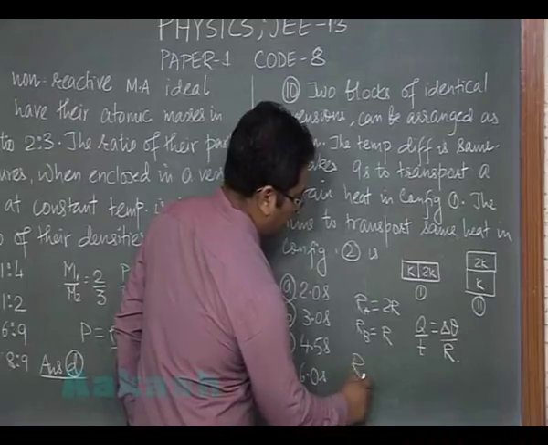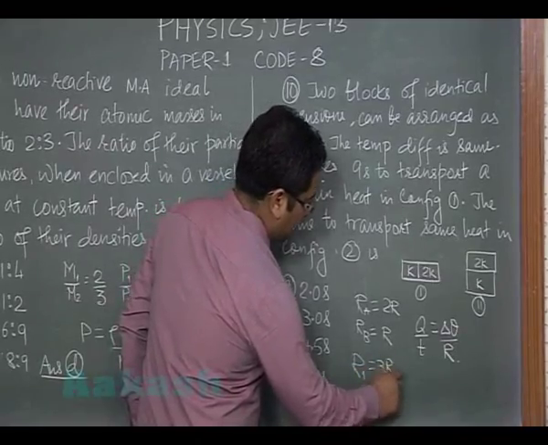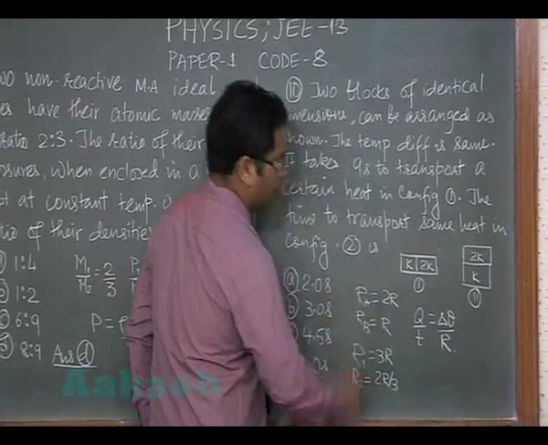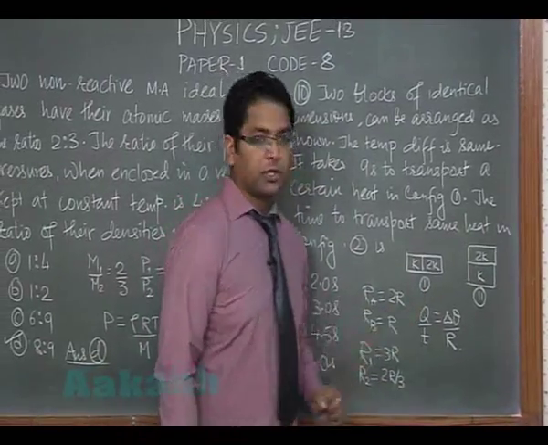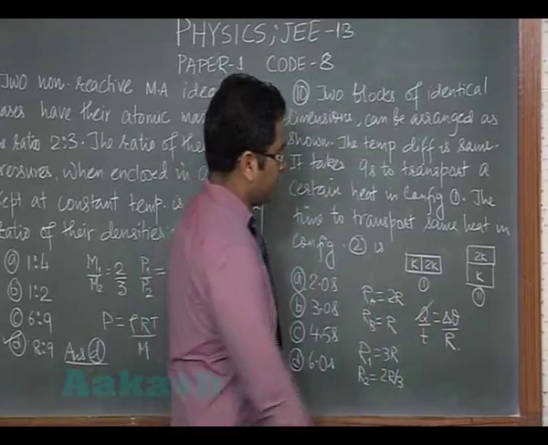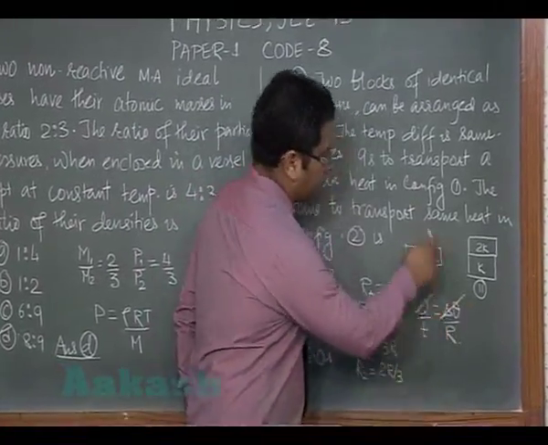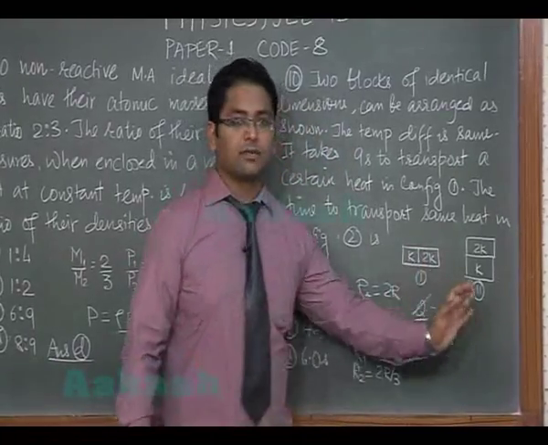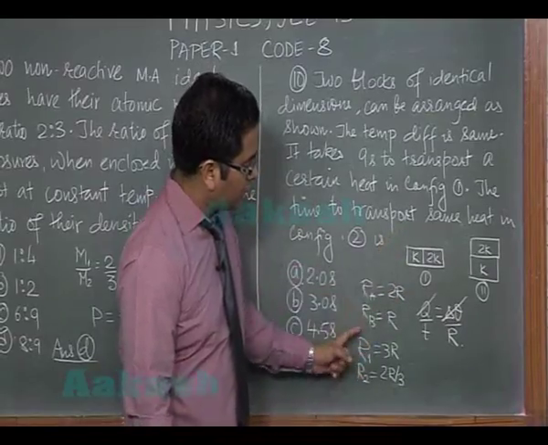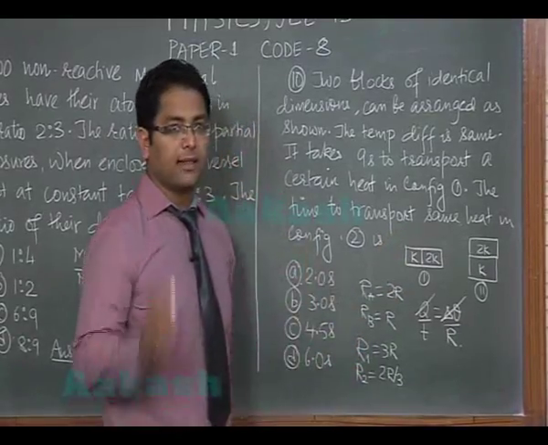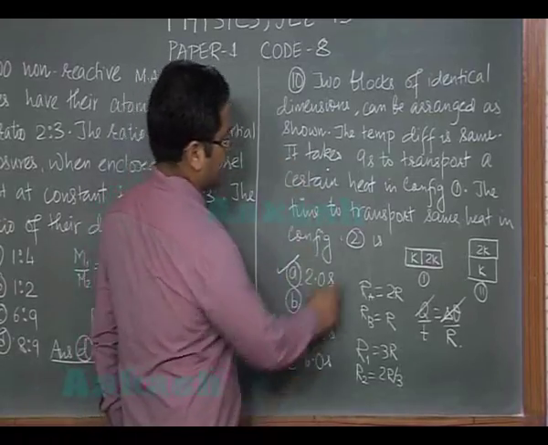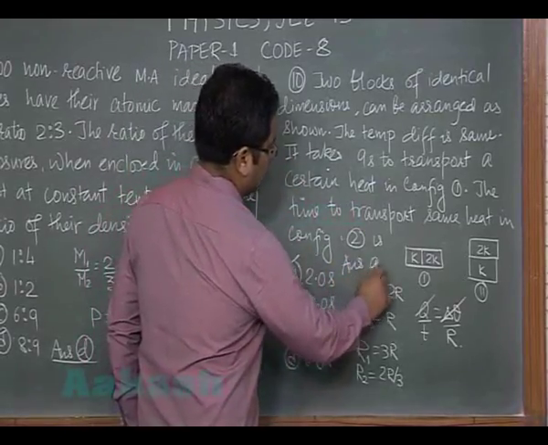So R1 is 3R while R2 is going to be 2R by 3. And here we require the same heat and the temperature difference is same. So quite obviously the time taken would be directly proportional to resistance. So T1 by T2 is R1 by R2, and then you will land up with option number A. So this is going to have answer A.